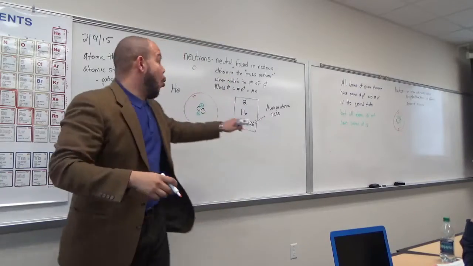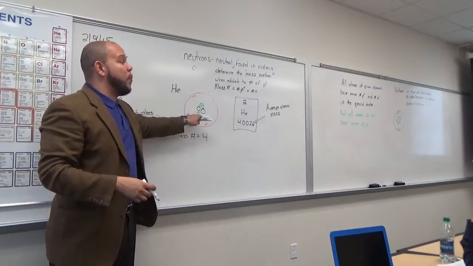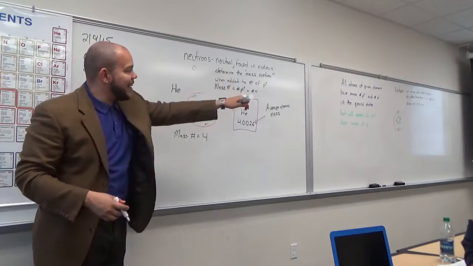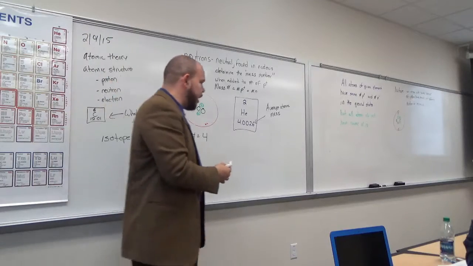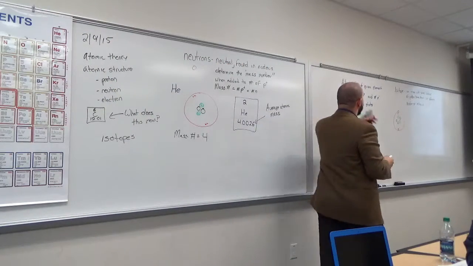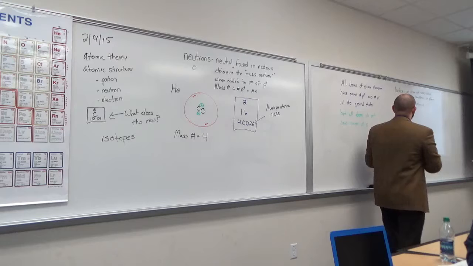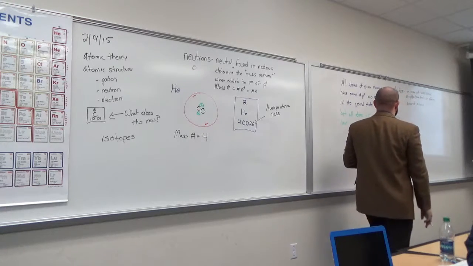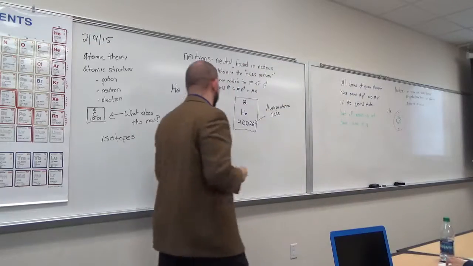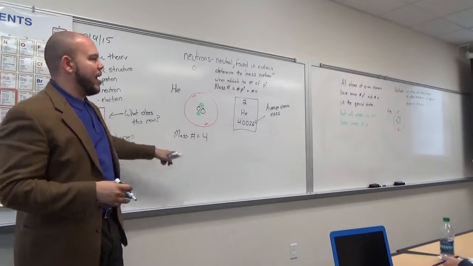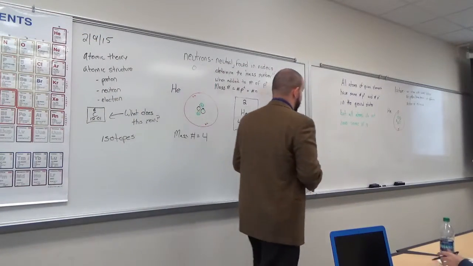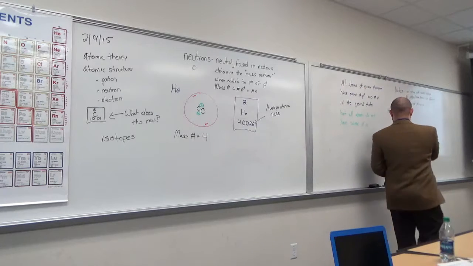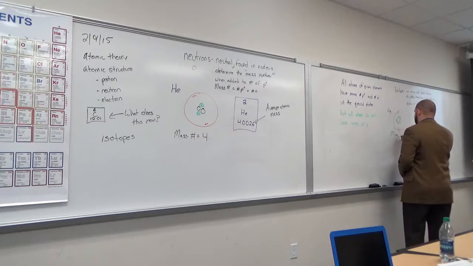This is one isotope of helium. That is another. They are still helium because of protons. So we can still write the chemical symbol of helium. But now, what has differed, our mass number is now 5.